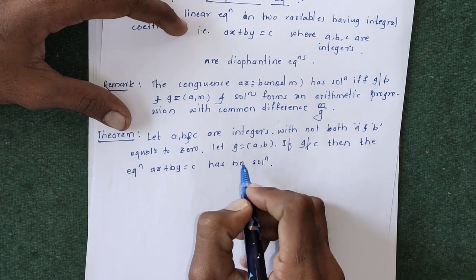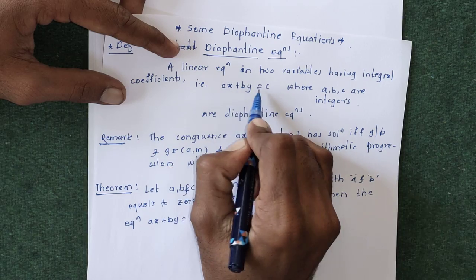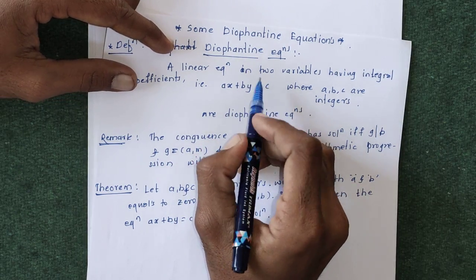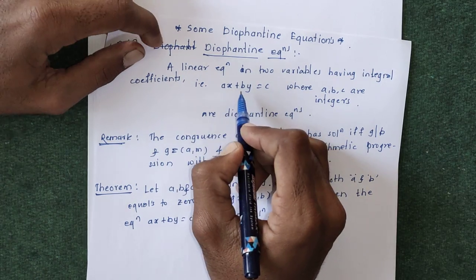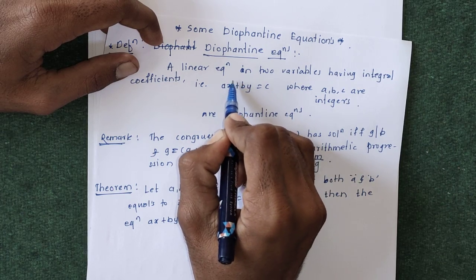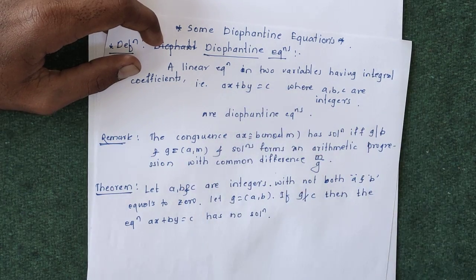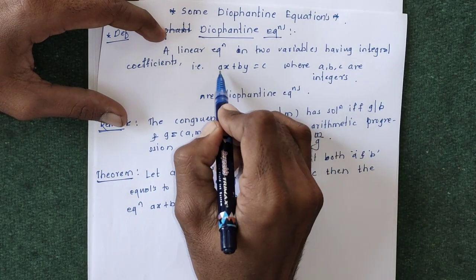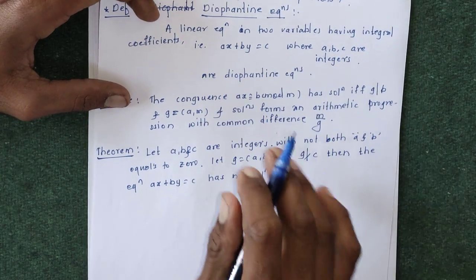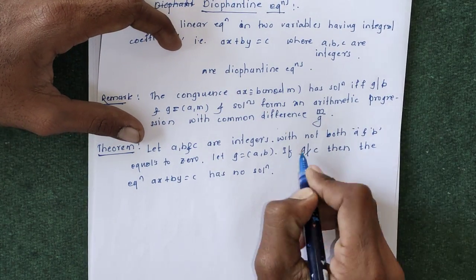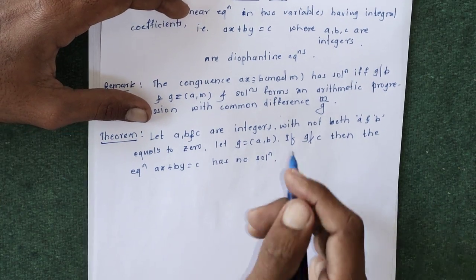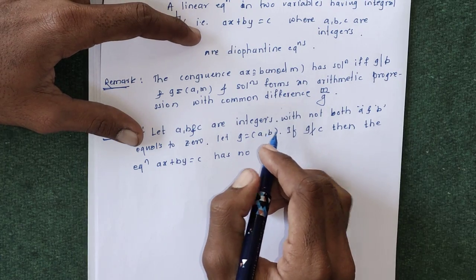If we are given some Diophantine equation, then to find the solution you first find the GCD of the two coefficients. If the GCD divides c, then the equation has a solution. If the GCD doesn't divide c, then the equation has no solution.